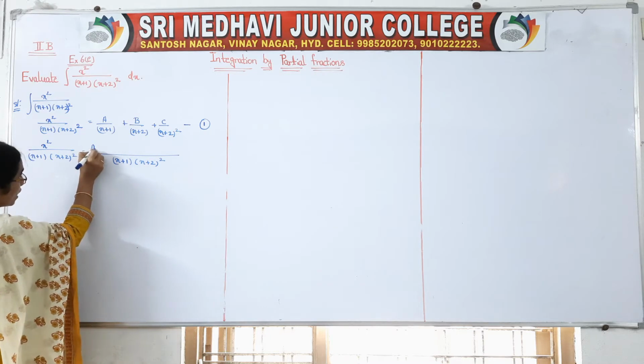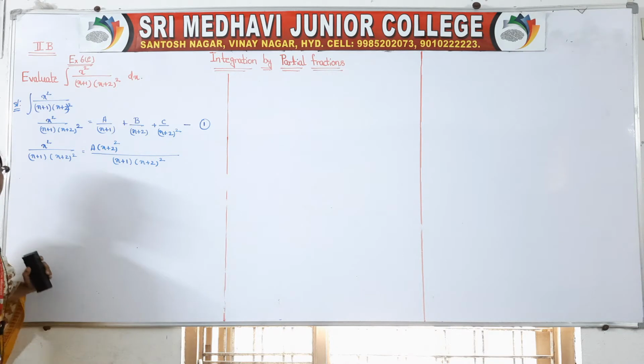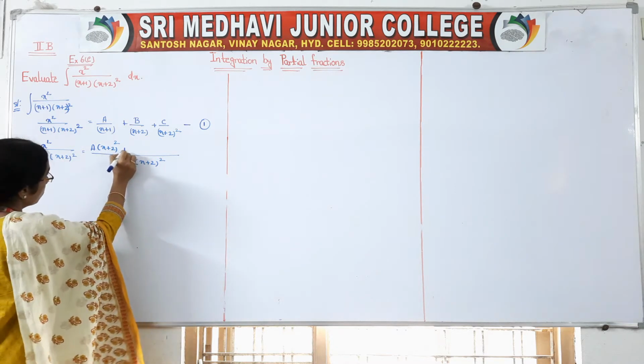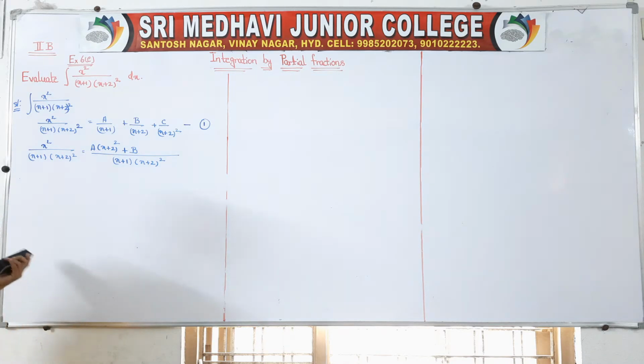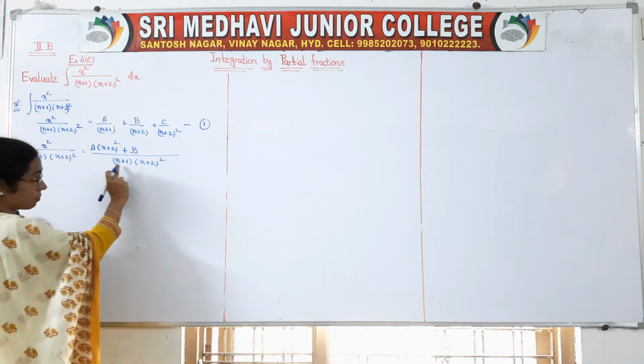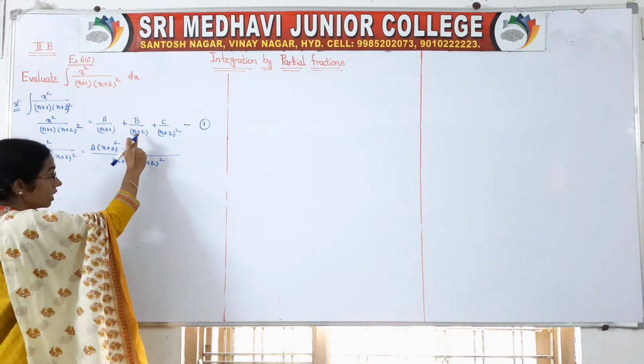So we have to multiply A into (x plus 2) whole square, plus B into, this is x plus 2, but we are having (x plus 1)(x plus 2) whole square, only one time it is there.